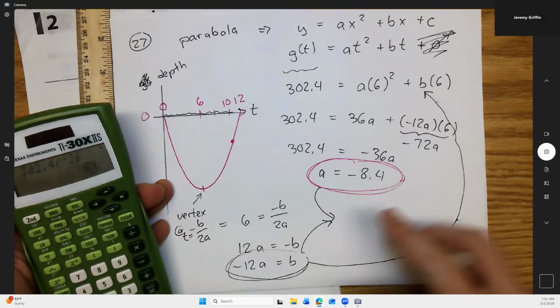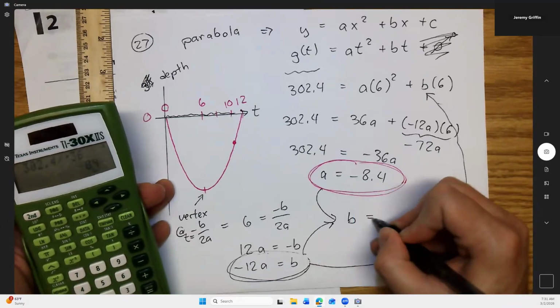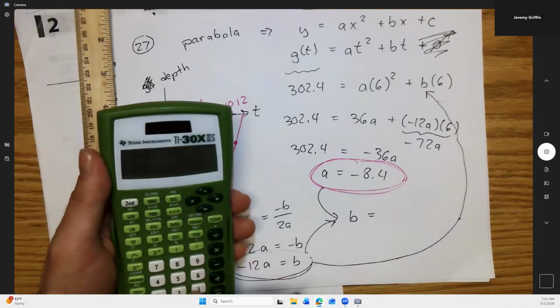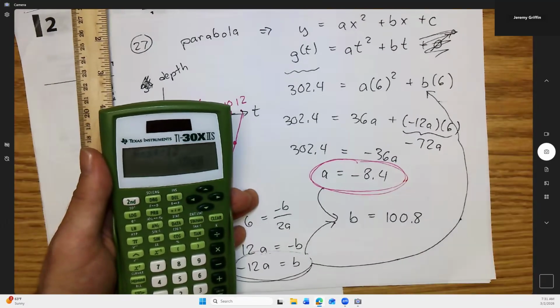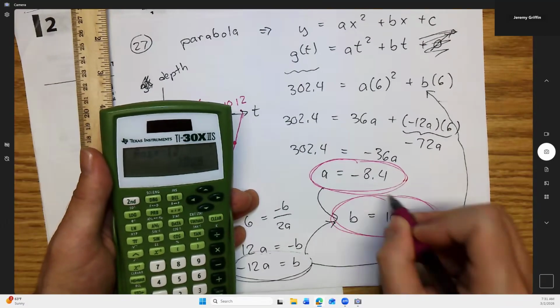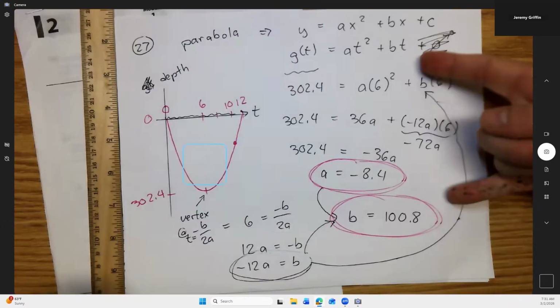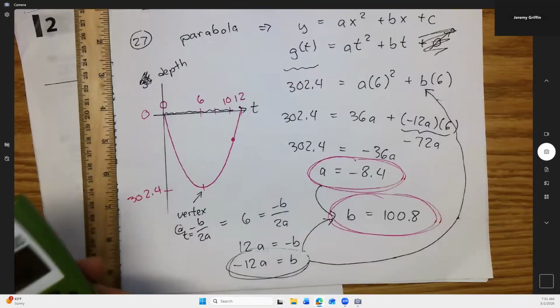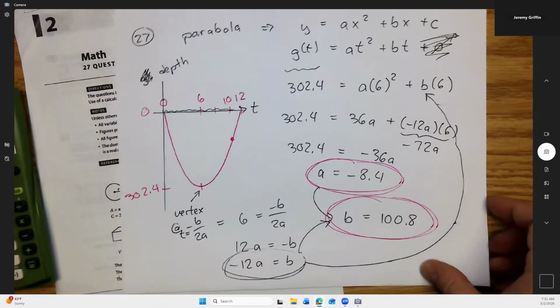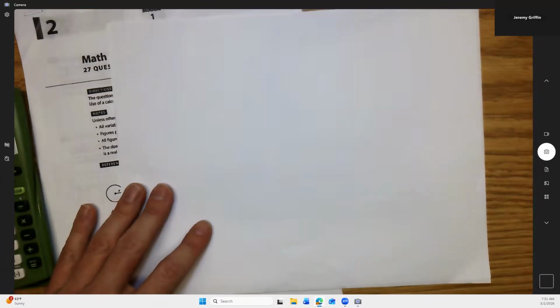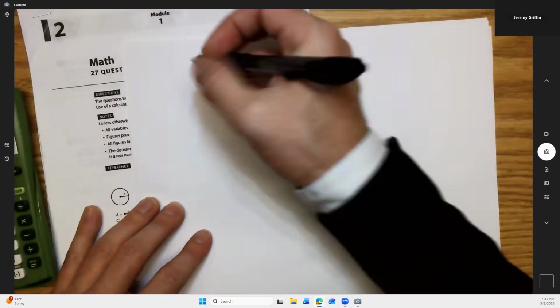All I have to do is multiply by negative 12, which we know from before. Negative 8.4 times negative 12 equals 100.8. Now we can put together the whole equation. We have a, we have b, and once we get the equation, we can plug in any particular value and solve for anything.